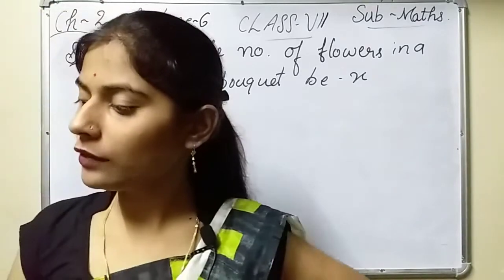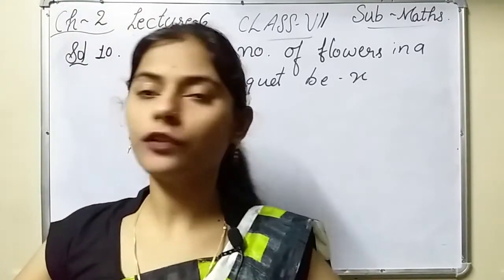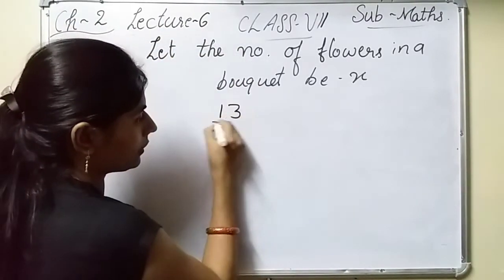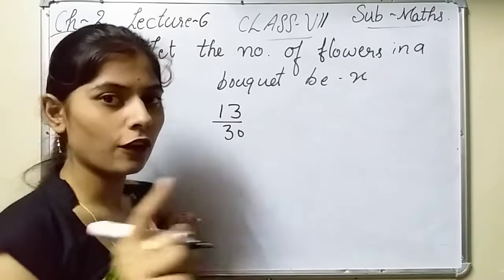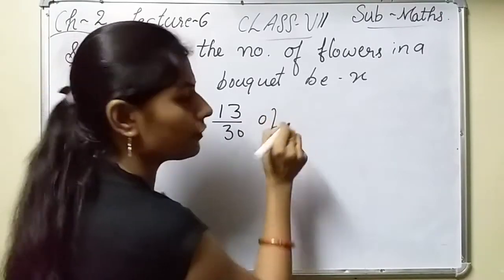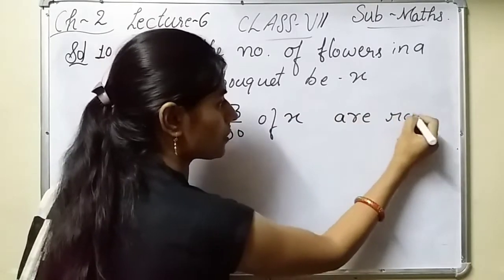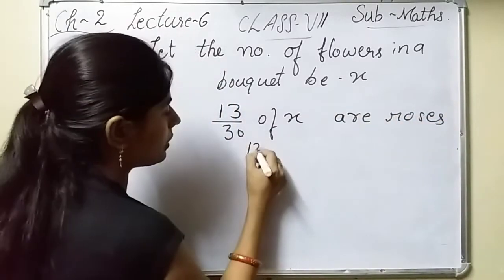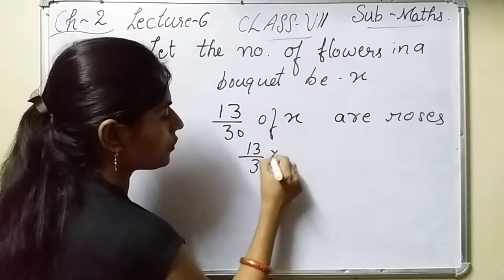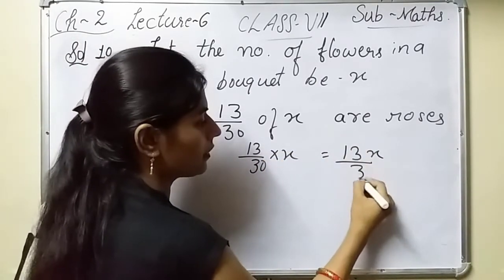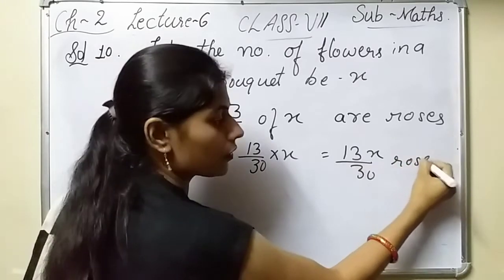Now see, 13 by 30 of the flowers were roses. 13 by 30 of x, which means 13 by 30 into x, so 13x by 30 are roses.